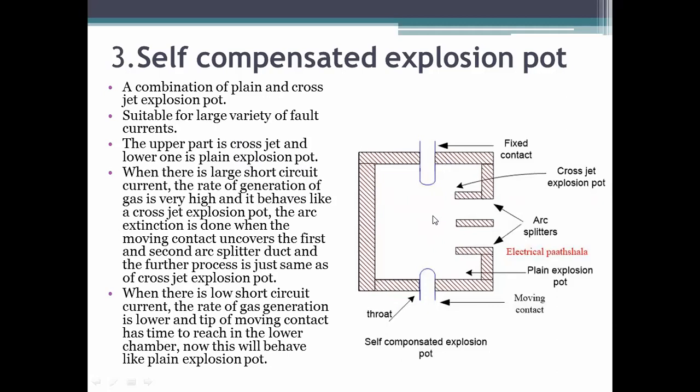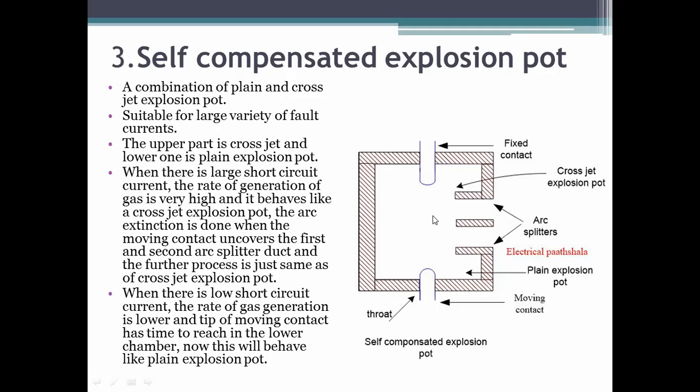When there is a short circuit current, the rate of generation of gas is very high and it behaves like a cross jet explosion pot, and arc extinction is done when the moving contact uncovers the first and second arc splitters duct.